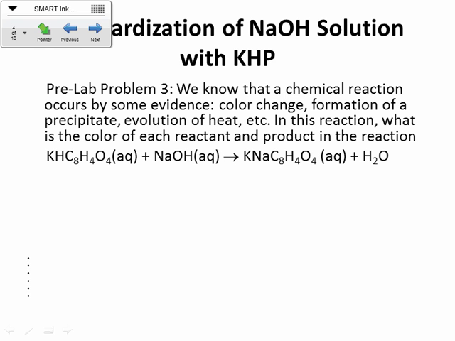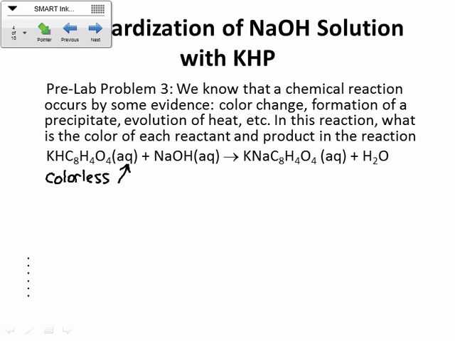Now, I don't expect you to know this off the top of your head necessarily, especially for the KHP, which is potassium hydrogen phthalate. I'll just tell you that one is in solution, I think is what they're asking about here, because that's really the important part. Because we're going to have this in solution, well, it says it's in solution because it's aqueous, right? So this is going to be colorless or clear, however you want to say that.